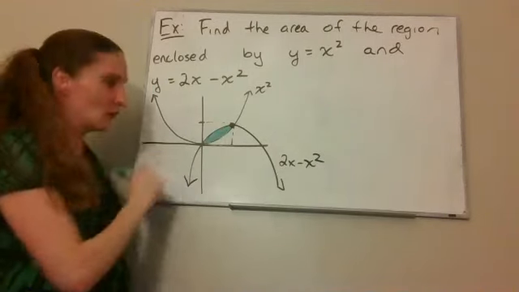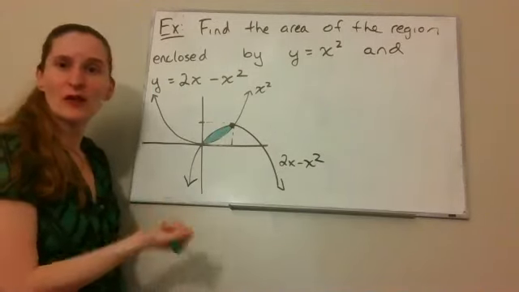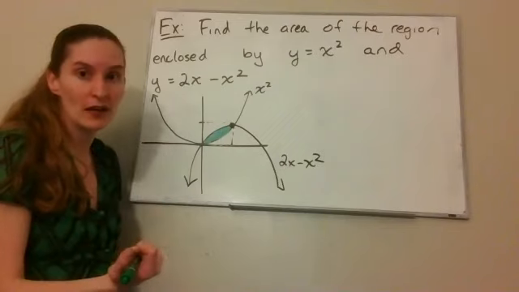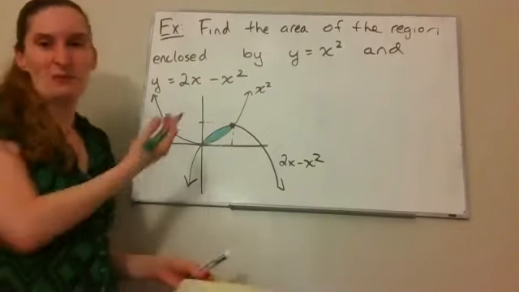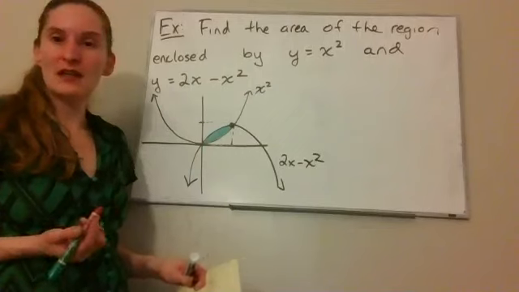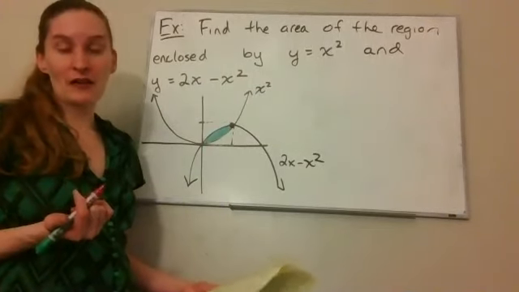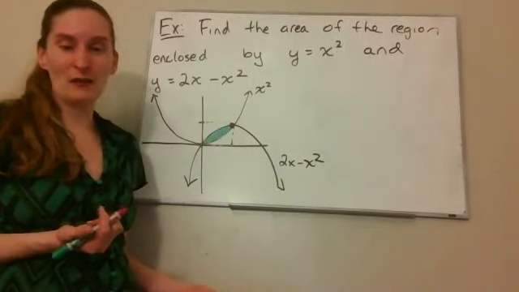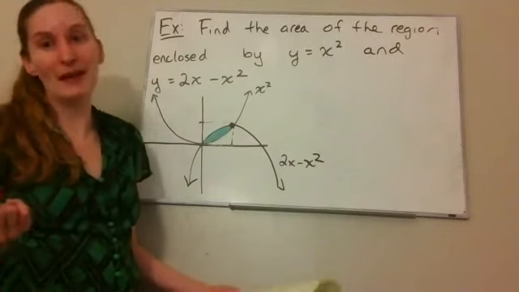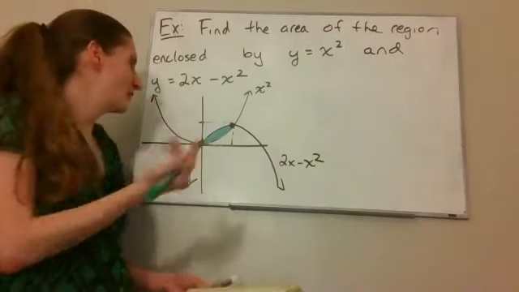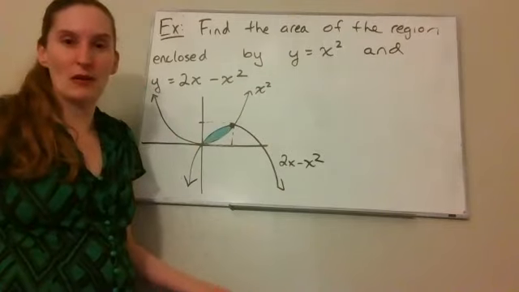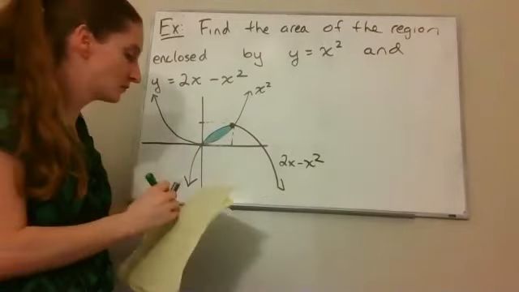That tells me that this green area that I want to find is going to be some fraction smaller than 1. So we can't really tell just by looking at the picture what it is, but when we figure out our integral and calculate it, if we got some answer like 5, we would know we messed up somewhere. Because this should be some number between 0 and 1. It's going to be some fraction.